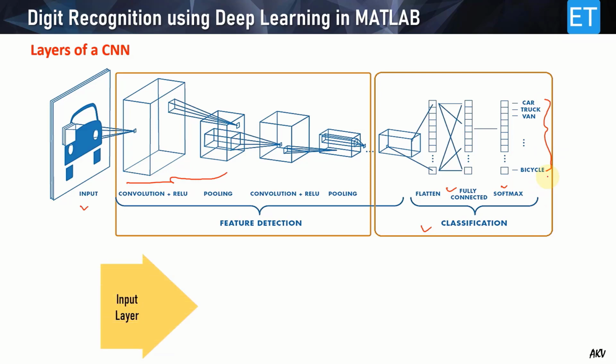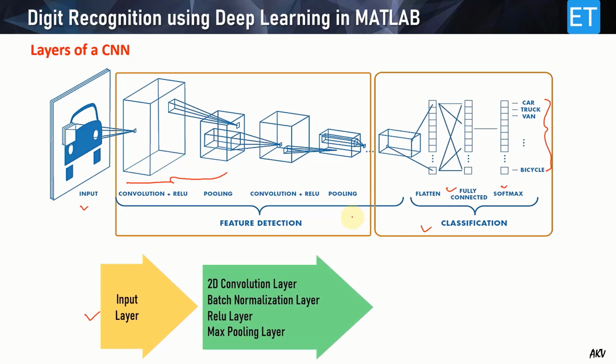So if you see the different layers, you can group them like that. First we have the input layer, that we have to define when we define the deep neural network, I mean the CNN, in MATLAB. And then we define various layers for feature detection, which are the 2D convolution layer, as I have explained, and one more, the batch normalization layer, that is not shown here in this figure but it will be used, and then the ReLU layer, and then the max pooling layer.